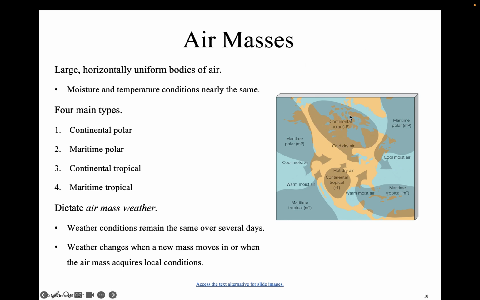But anyways, in the fall, you're going to have the cooler continental polar air mass pushing back into the south of the states, especially the US, which is the case that we're talking about here. Most of the fronts that we're going to observe will be cold fronts now, and the weather will usually be cooler and drier because of this air mass taking over the entire country.